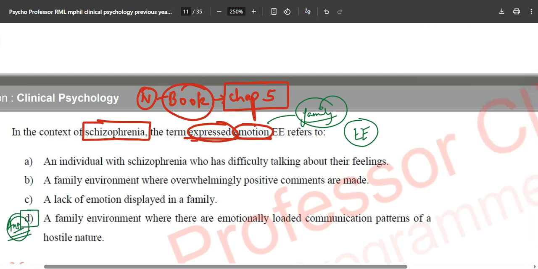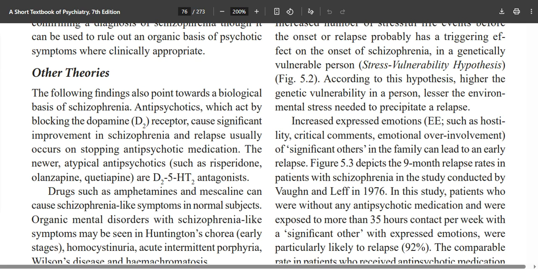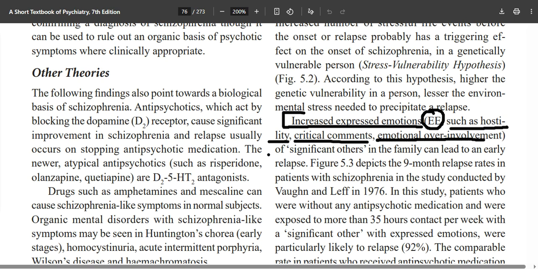How can you confirm this in a more theoretical or logical way? Increased expressed emotion, EE, such as hostility, critical comments, and emotional over-involvement of significant others in the family can lead to an early relapse. As you can see, we have discussed EE and we are talking about schizophrenia over here.